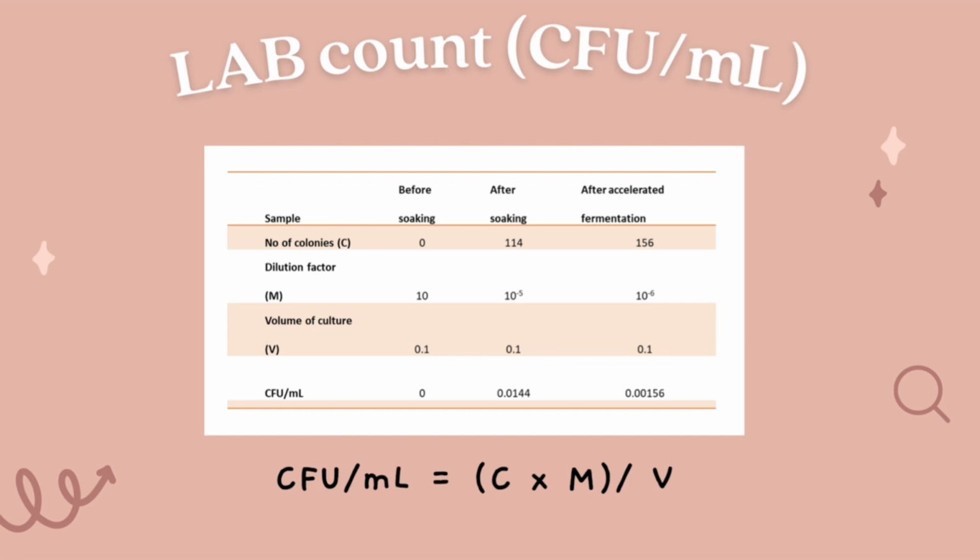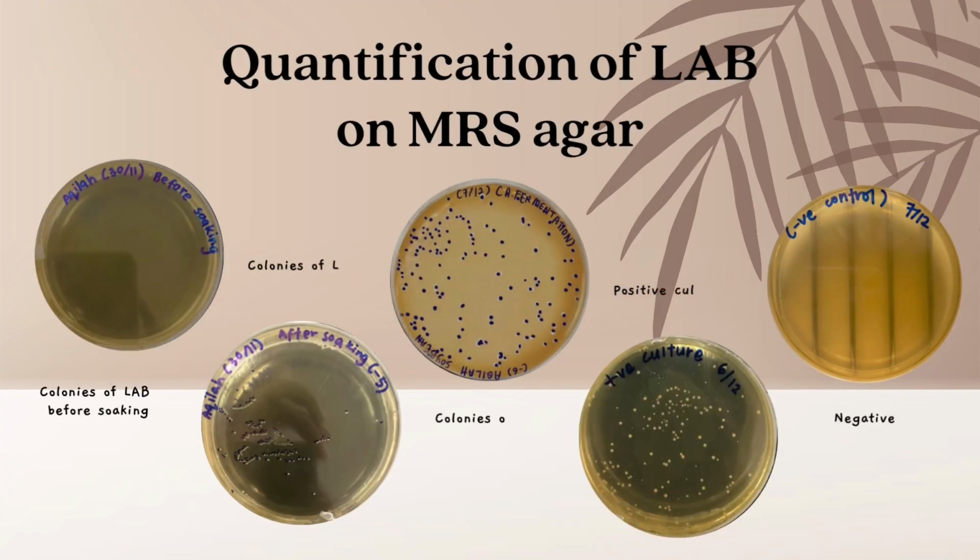The colony forming unit of the bacterial count can be obtained by using the formula C times M over V. C is the number of colonies, M is the dilution factor, and V is the volume of culture that was suspended on the MRS agar, which is 0.1 ml or 100 microliter.